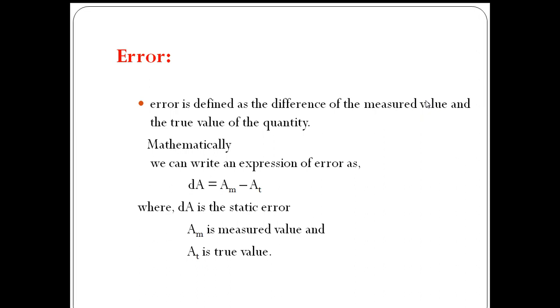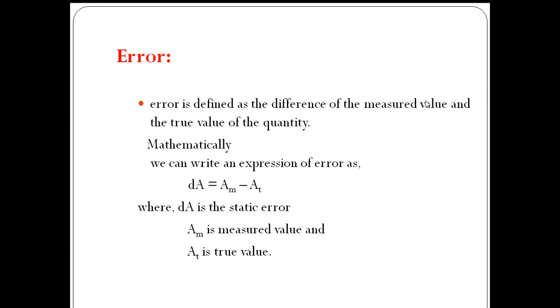So we can write the error as dA equals AM minus AT, where dA is the error, AM is the measured value, and AT is the true value.